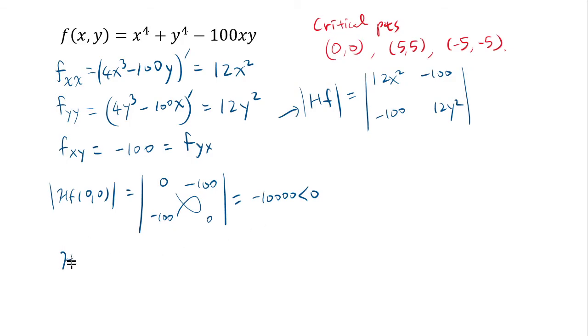And then 5, 5. Okay, and then we are going to plug in 5 here. 5 squared is 25. 25 times 12 will be 300 here.